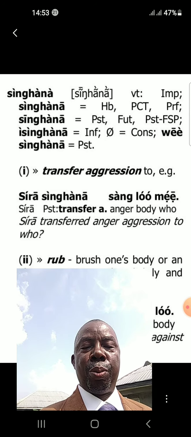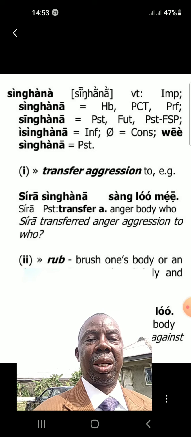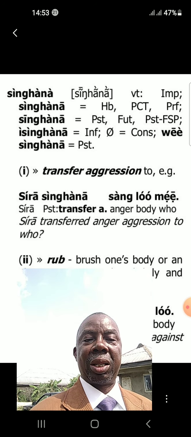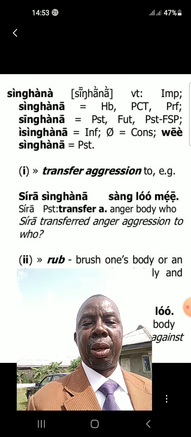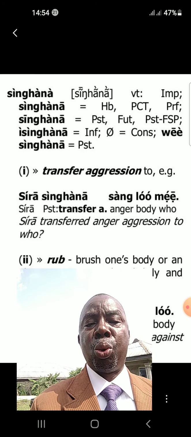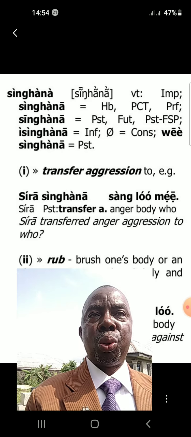So you are able to make such sentences as: Sira singana sang lo me. Sira transferred anger, aggression, to who?